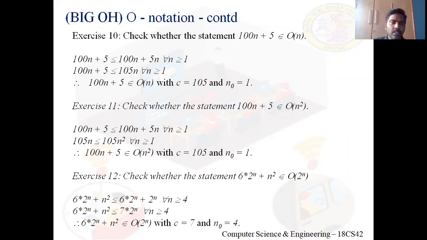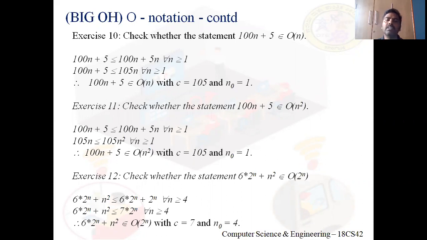Then I can say C is 105 and n naught is 1.